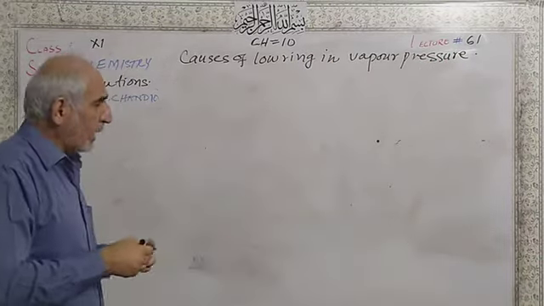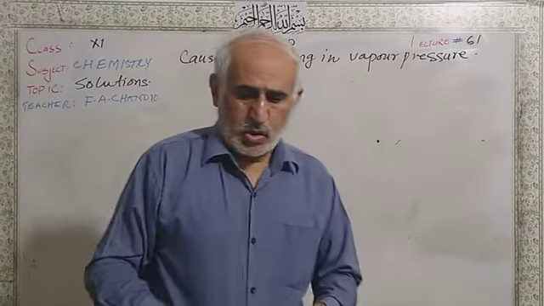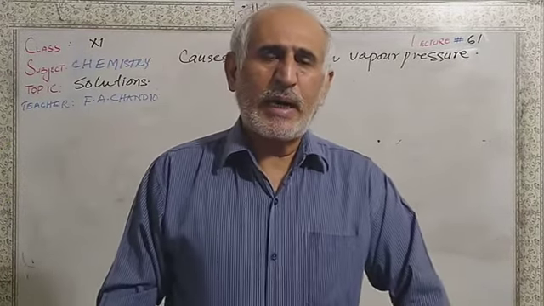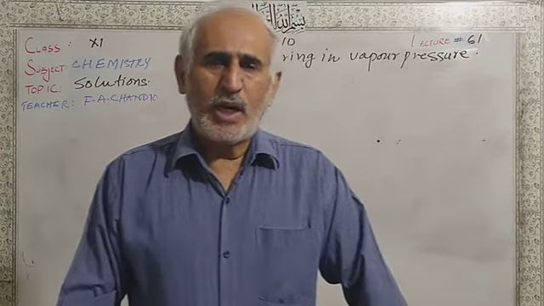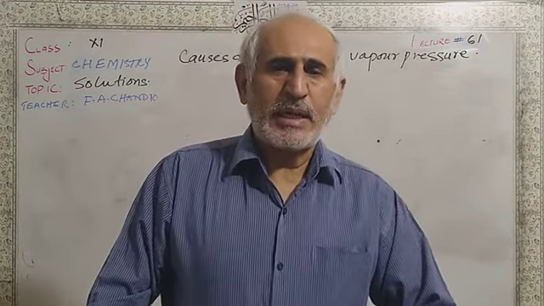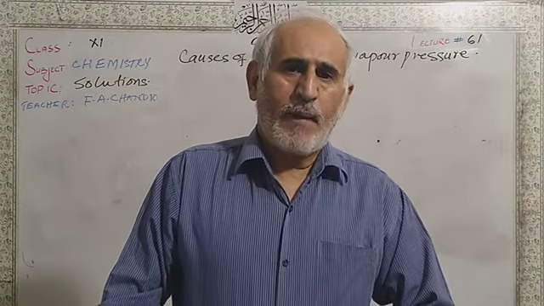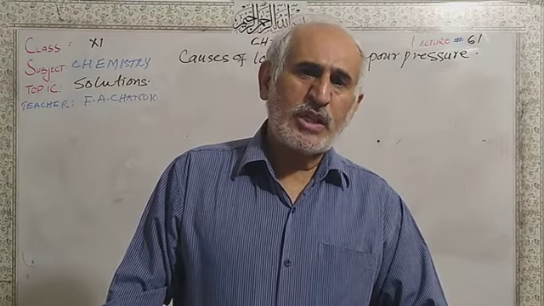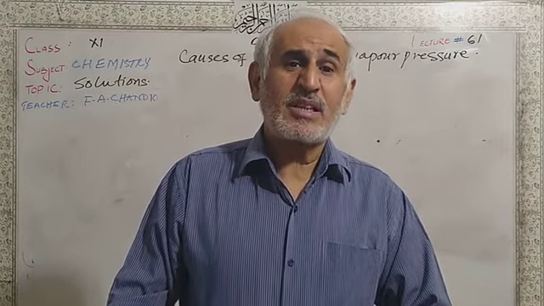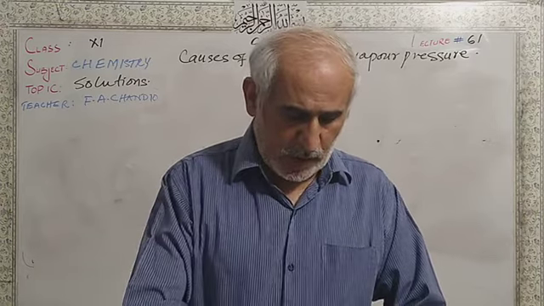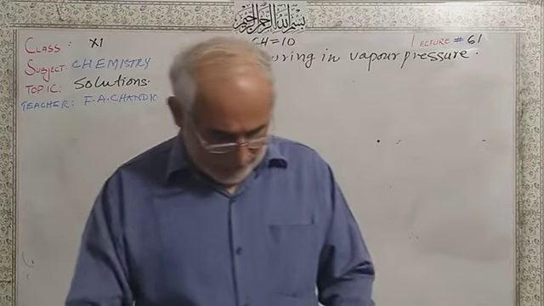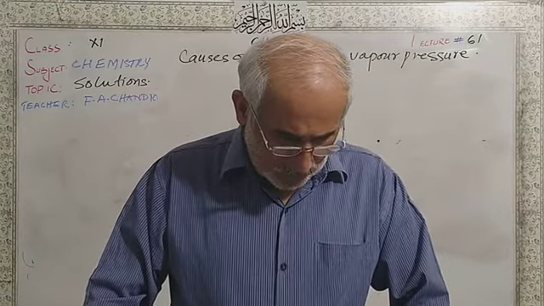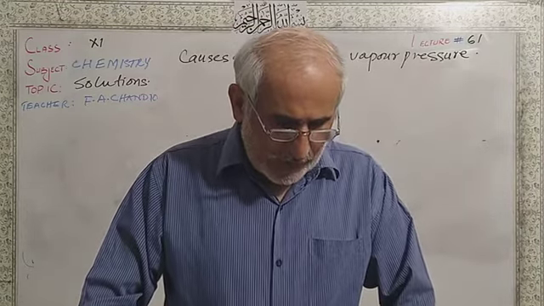So students, when you add a non-volatile and non-electrolyte solute in a solvent, the vapor pressure of the solution is going to decrease. This is called lowering in vapor pressure. This is article 10.3.1 and the page number in my book is 350. Causes of lowering in vapor pressure.